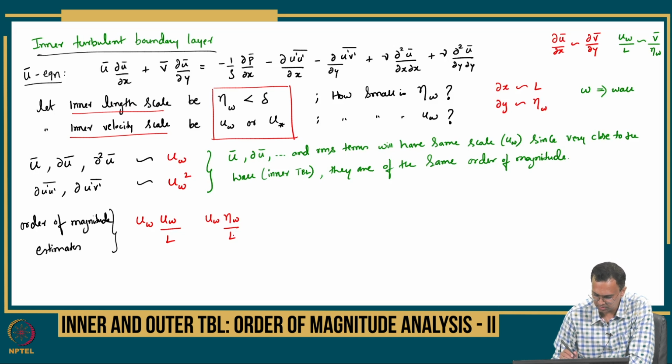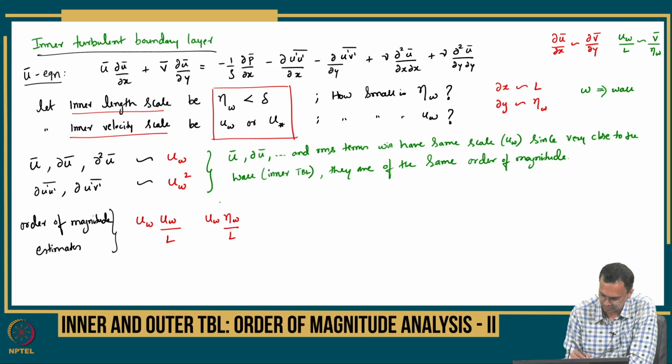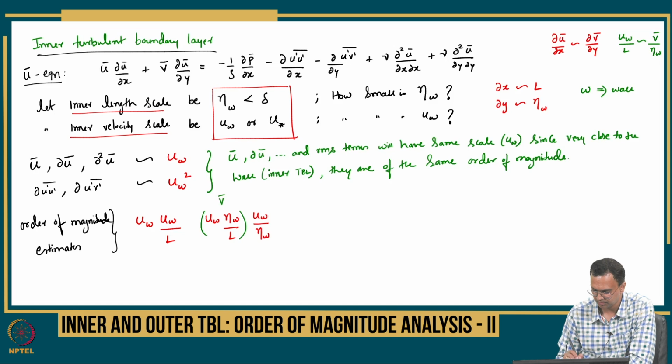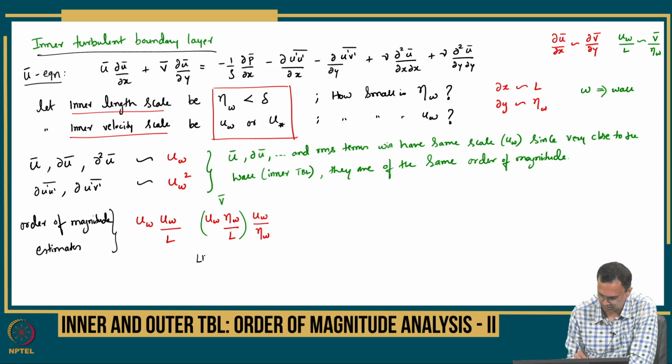Anything else I missed here? Yeah, this is the v̄. So this whole term is the v̄, the scale that we have taken there, and then I have ∂ū, which is uw by ∂y is eta w. So this is the left hand side part. Okay, so the LHS term is this.